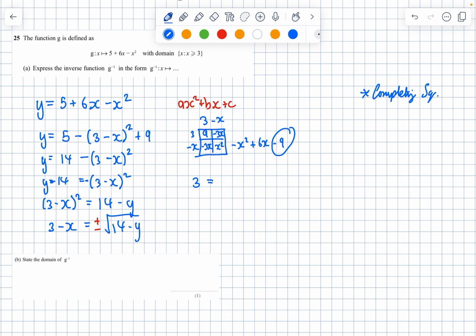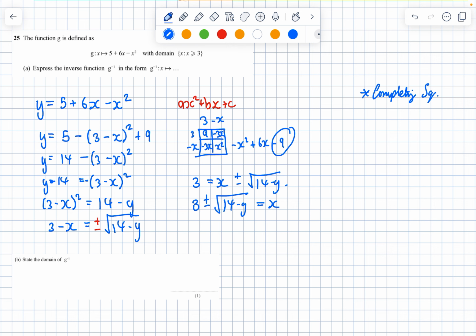So I've got 3 equals plus or minus the square root of 14 minus y, actually let's write that the other way around. So that's x plus or minus the square root of 14 minus y. And now I'm going to subtract this. So that means that 3 plus or minus the square root of 14 minus y equals x.